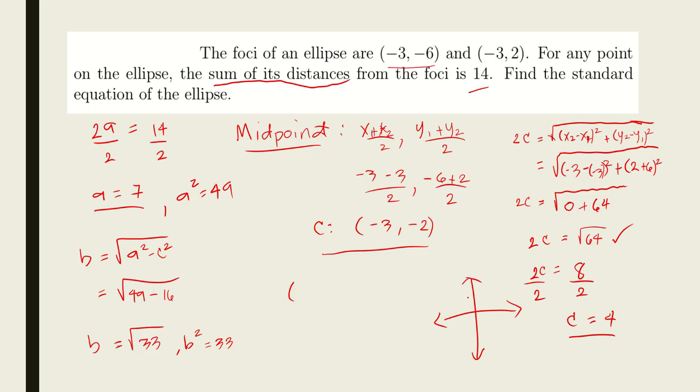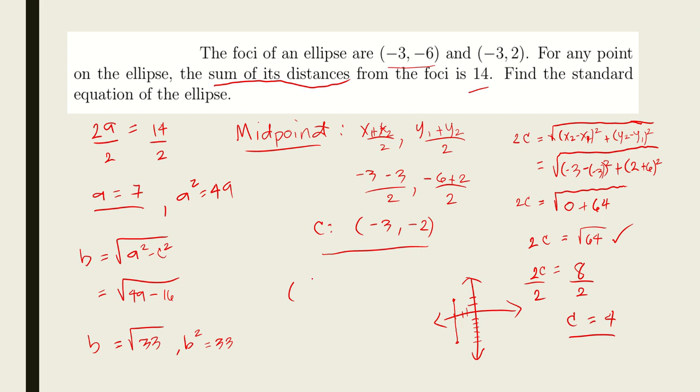So the point is negative 3, 1, 2, 3, negative 6, 1, 2, 3, 4, 5, 6. So my point is here, and then negative 3, 2. So that's negative 3, 1, 2. So negative 3, 2 is there. So since the foci, if you're going to connect that, this is the length of the foci. All right, so if you're going to check on this one, since the foci is from up to down, is it vertical or horizontal? Obviously, it is a vertical type of ellipse.